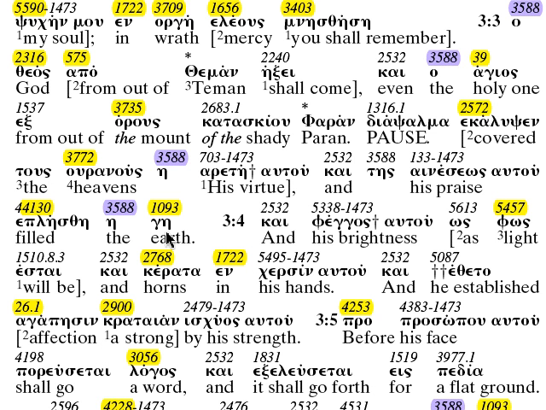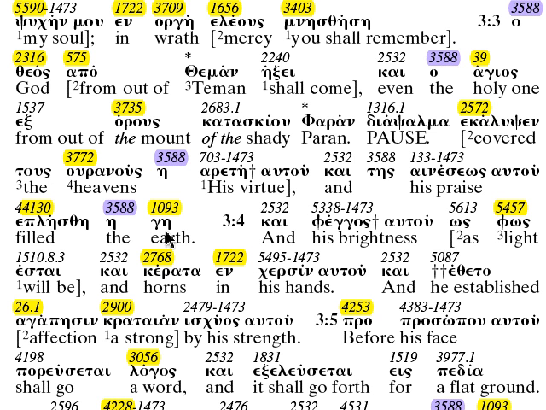So there's going to be this time when God is going to take over the earth, and it's going to be different than it is now, where many people don't even consider the God of Israel as God, let alone a creator of the earth.